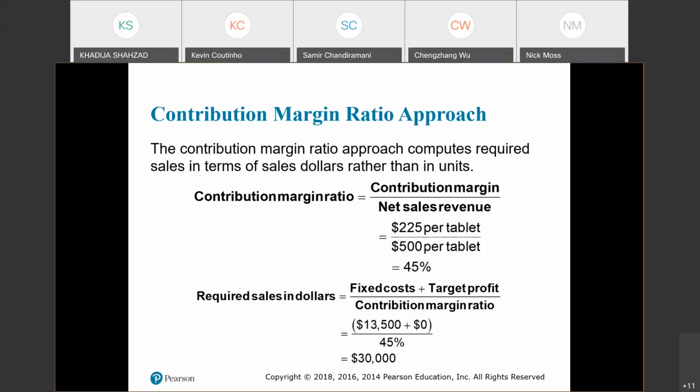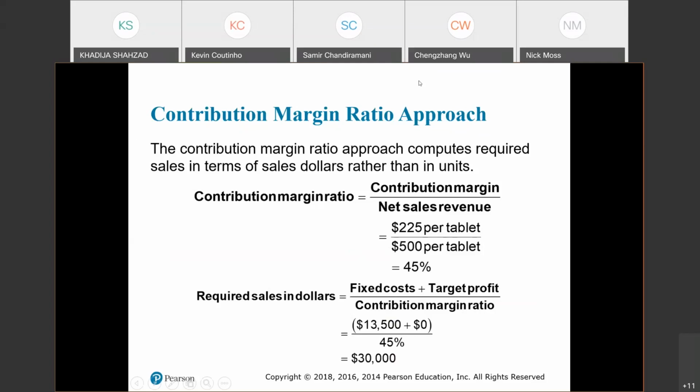Well, first of all, we should know the contribution margin ratio. It is 45%: contribution margin divided by sales revenue, 45%.